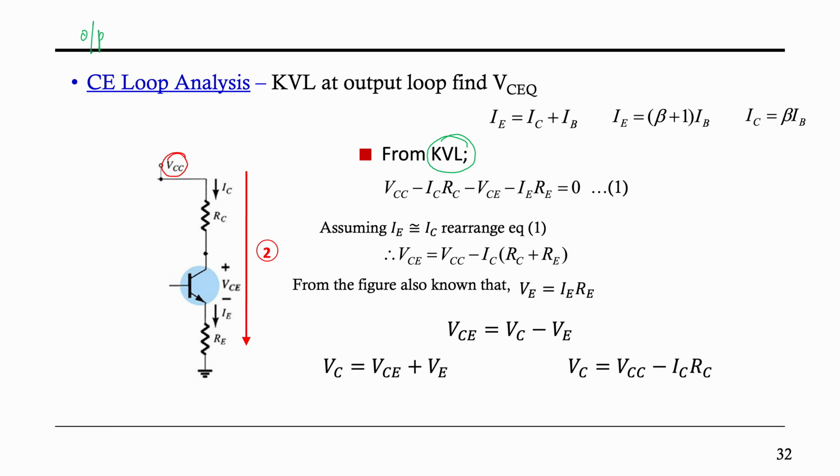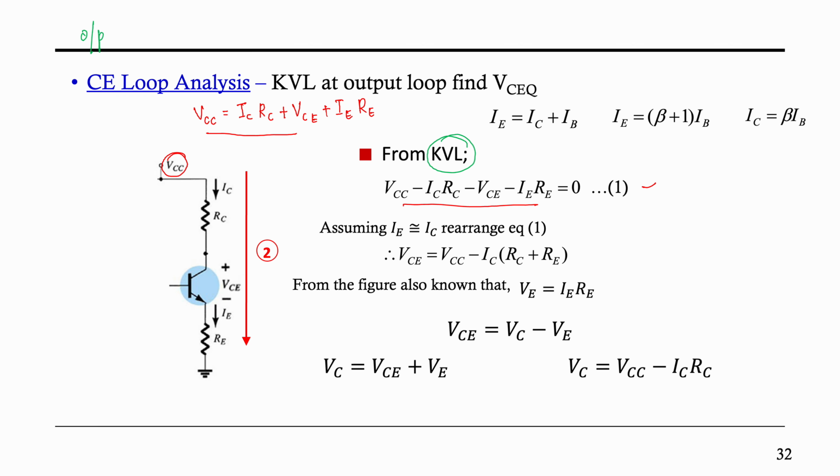Based on the KVL, the voltage source VCC must equal all the voltages contained inside the loop, which is IC RC plus VCE plus IE RE. If you rearrange this equation, you will get this.